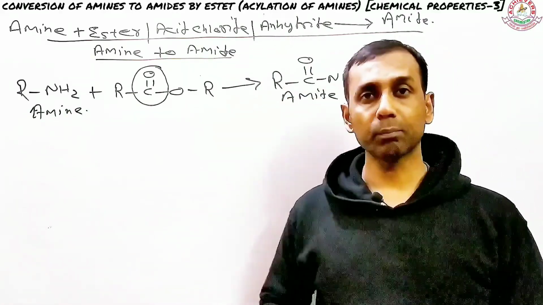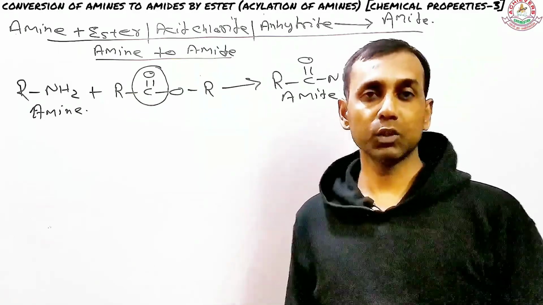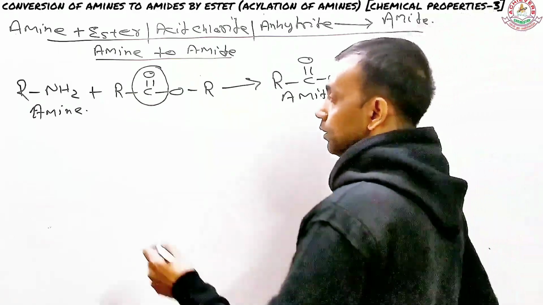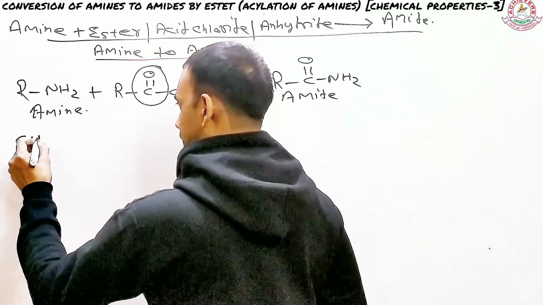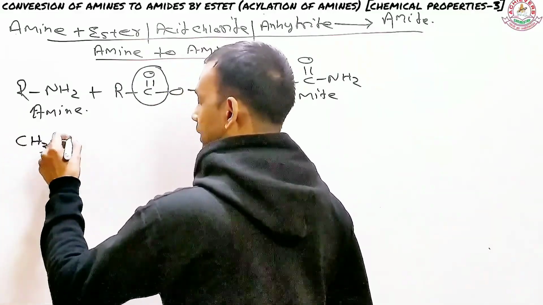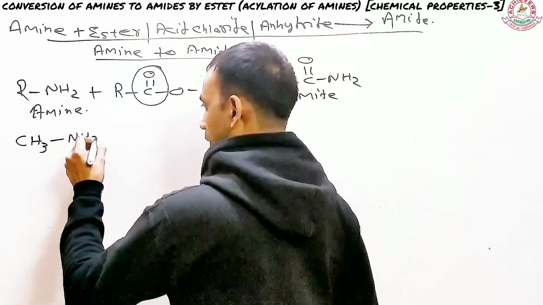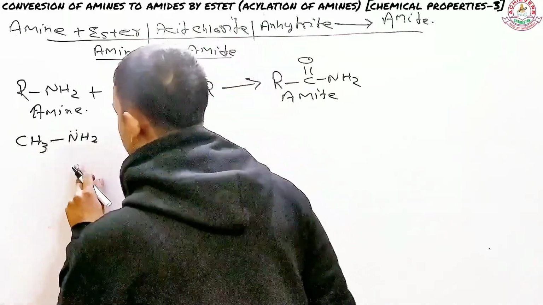Now let's take an example exactly from the paper point of view. Suppose I'm taking methanamine, though you can take any example. So CH3NH2. This is what I'm taking. You know that nitrogen has a lone pair.